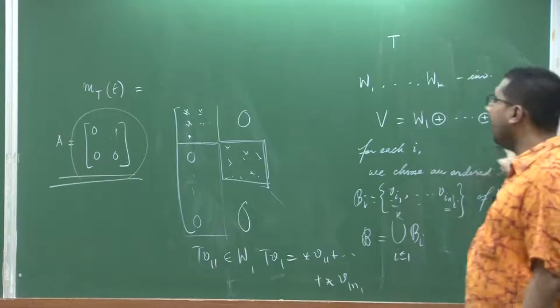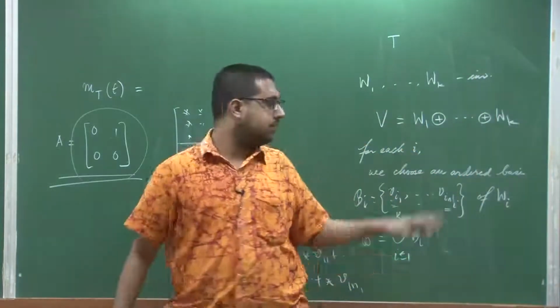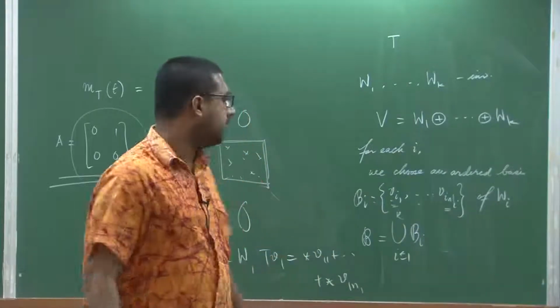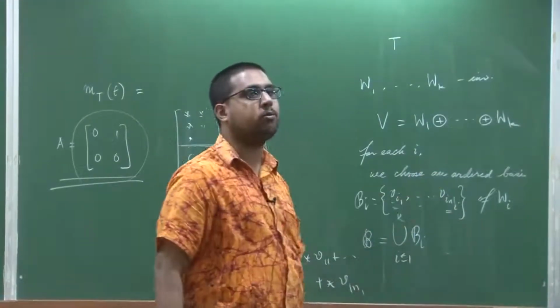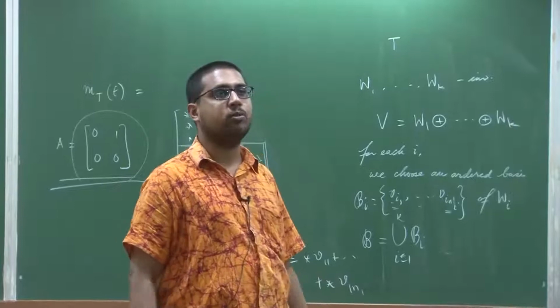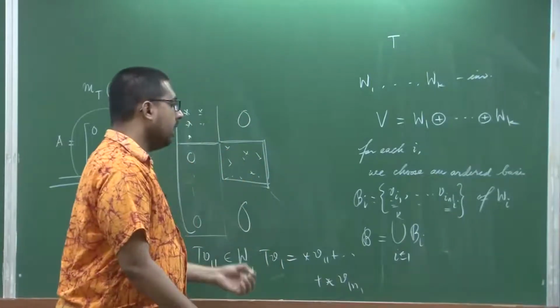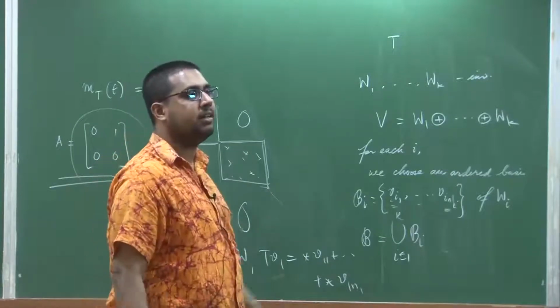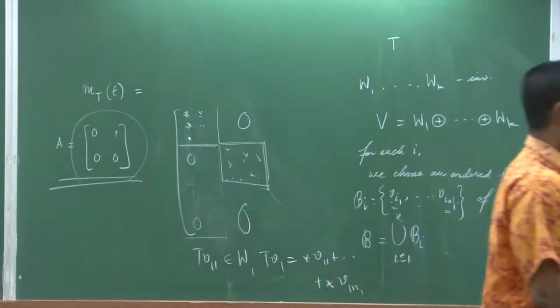As these Wi's we got the eigenspaces, and since there each vector is being mapped to a scalar multiple of itself, only the diagonal elements are allowed to be non-zero and nothing else.